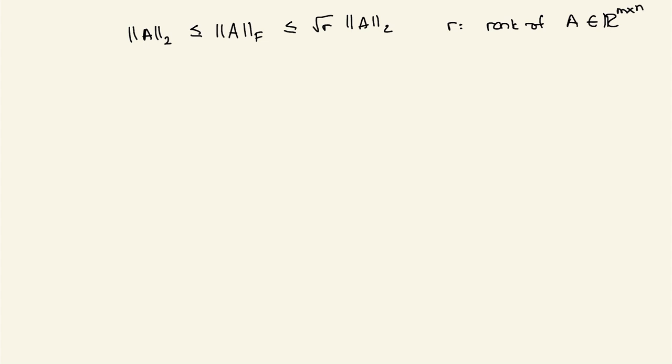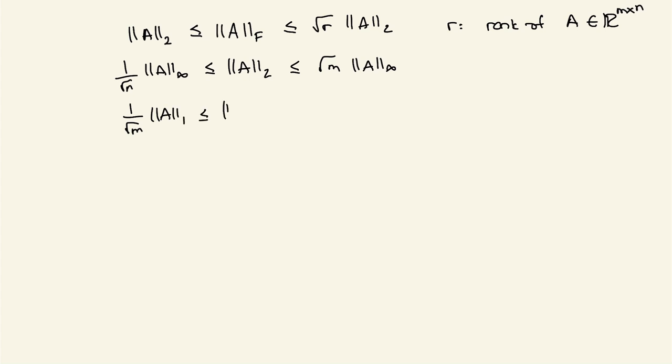Bear with me for now. Let me write the other two. 1 over square root of n times the infinity norm of A is less than or equal to the 2 norm of A, which is at most square root of m times the infinity norm of A, and 1 over square root of m times the 1 norm of A is at most the 2 norm of A, which is less than or equal to square root of n times the 1 norm of A. So these are how these norms compare with each other.